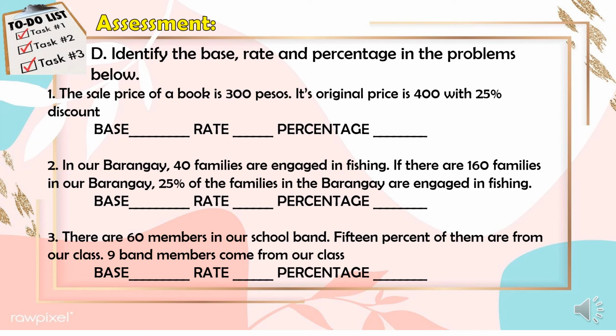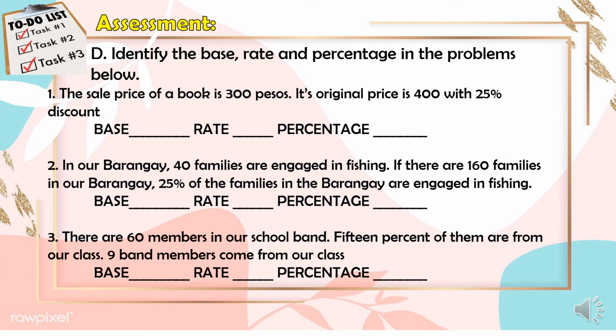So what is the base, the rate, and the percentage? For number 2, in our barangay, 40 families are engaged in fishing. If there are 160 families in our barangay, 25% of the families in the barangay are engaged in fishing. So you will give the base, the rate, and the percentage.